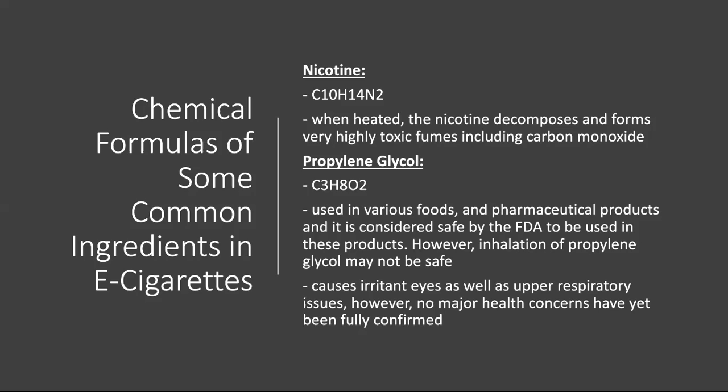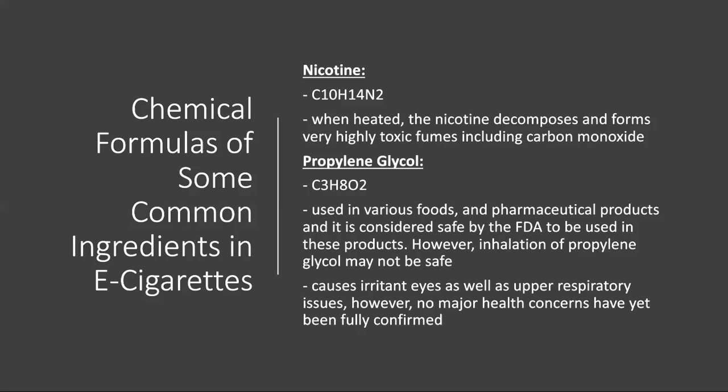And when it's heated, the nicotine decomposes and forms very highly toxic fumes, including carbon monoxide, which I'm sure everybody knows how toxic that really is and how deadly it could be. It's recommended to have a carbon monoxide detector in every home. So you can only imagine what that does to you when you're burning cigarettes and inhaling those types of fumes.